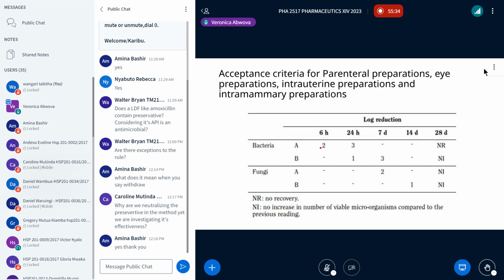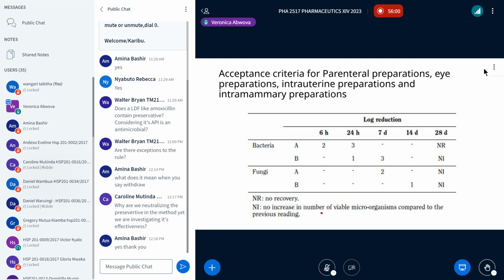If we are getting a 2-log reduction, it means that 99% have been destroyed. If we get a 1-log reduction, it means 90% have been destroyed, and we only have 10%.